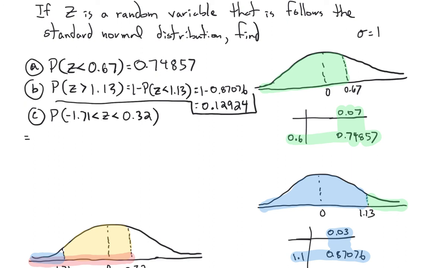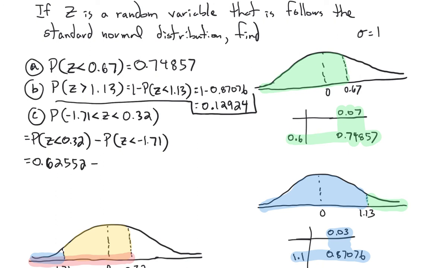So this is the same thing as the probability of the area to the left of 0.32, and we're going to subtract off the area to the left of negative 1.71. And we can just look in our table similarly to the previous examples. 0.32 gives us a value of 0.65, or sorry, 0.62552.